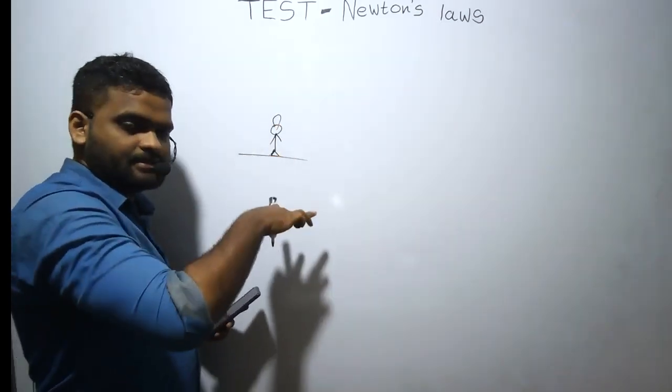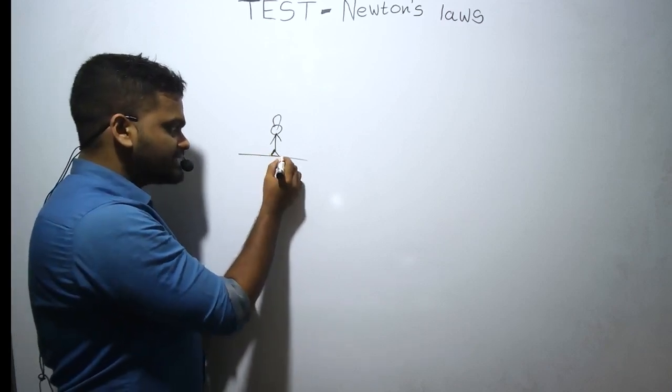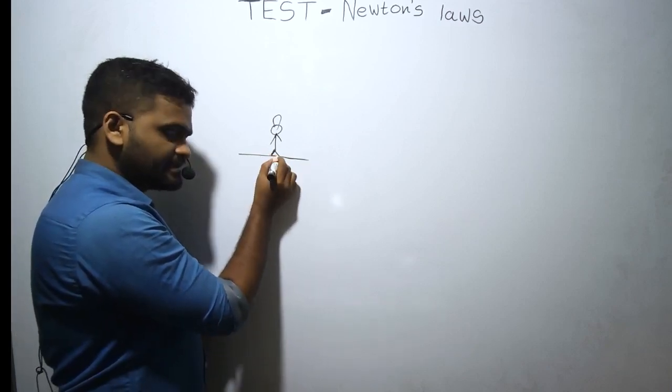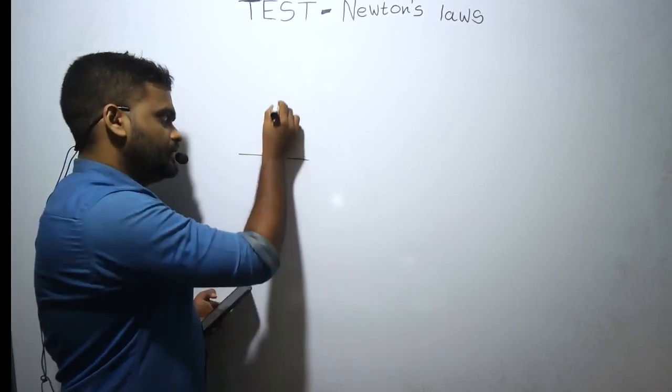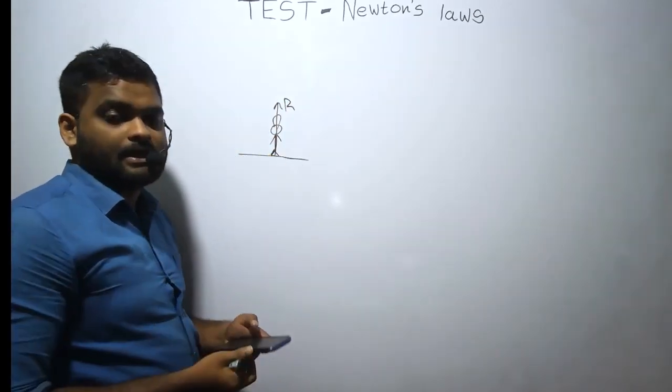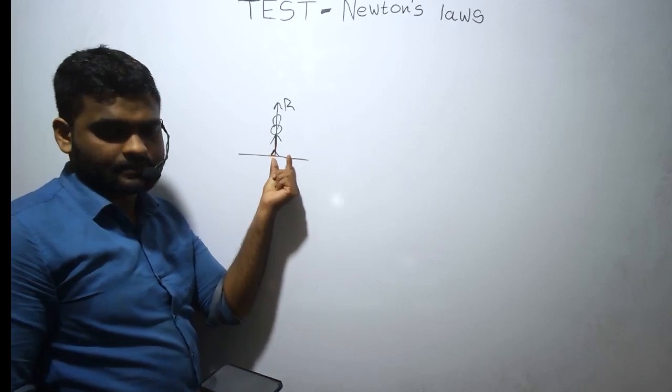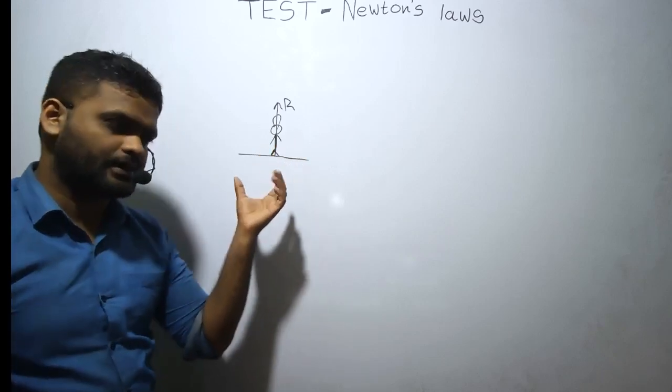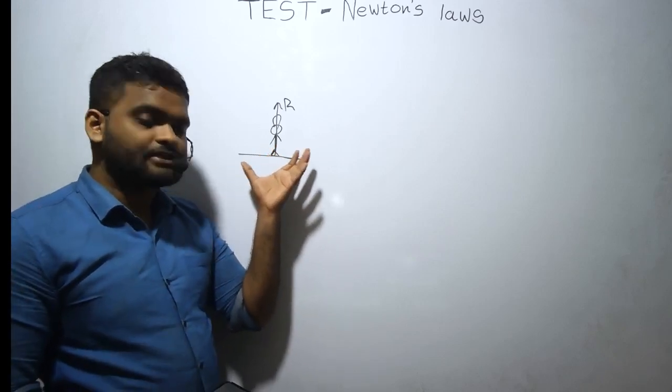As he lands, lands means the moment he contacts the floor, there's the normal reaction force. So you are applying F equals ma to this instant. So that's the difference of this question, right? You have to understand that for this question.